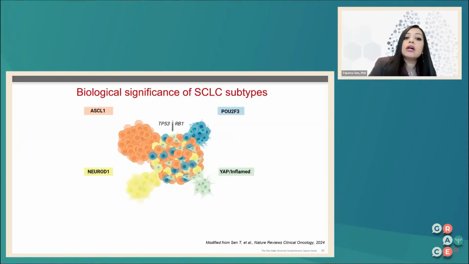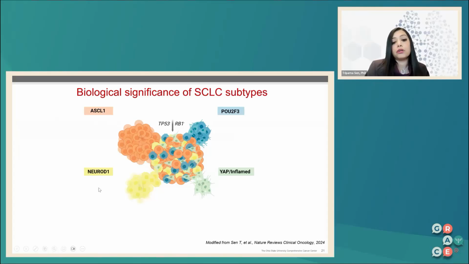So now, when we went beyond these mutations and looked into the transcriptome and the proteome of small cell lung cancer, what we can see is that small cell lung cancer transcriptionally can be divided into 4 main subgroups. ASCL1 is one of the major transcription factors, and the majority of the patients fall under this ASCL1 subgroup.